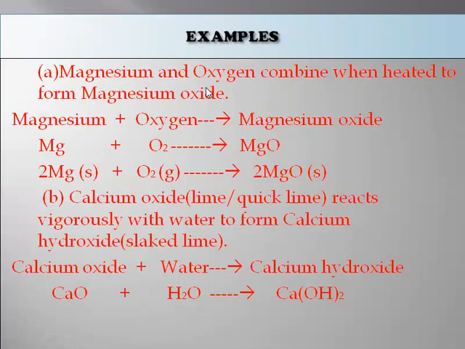First one, magnesium and oxygen combine when heated to form magnesium oxide. Word equation: magnesium plus oxygen gives, as in the form of arrow, magnesium oxide. Formula equation involves the formula of various entities. Mg plus O2 gives MgO.